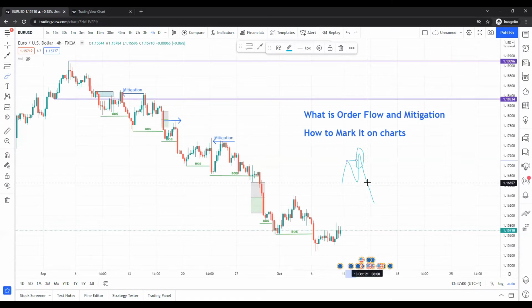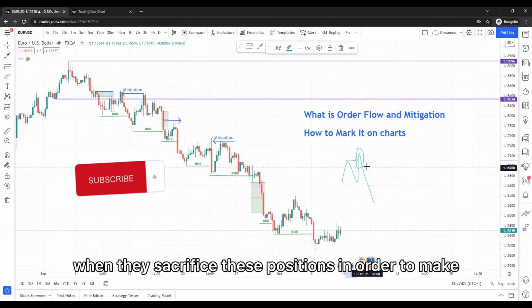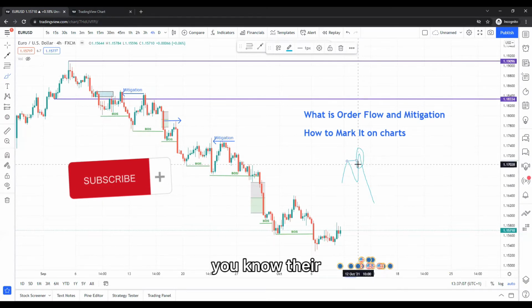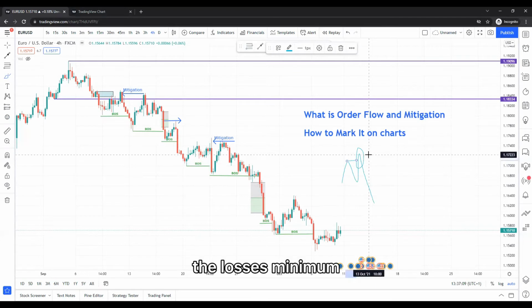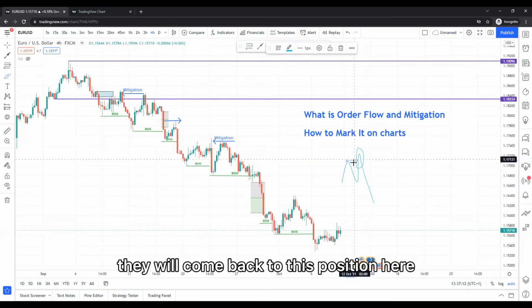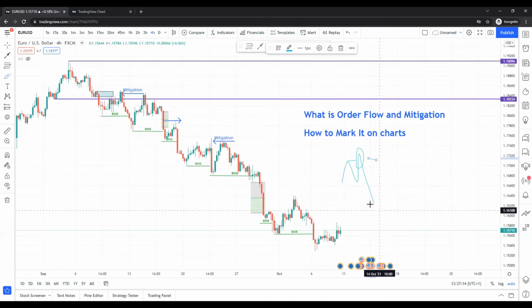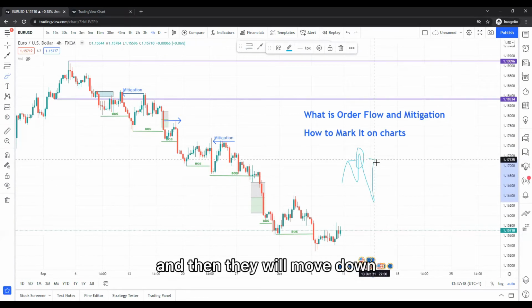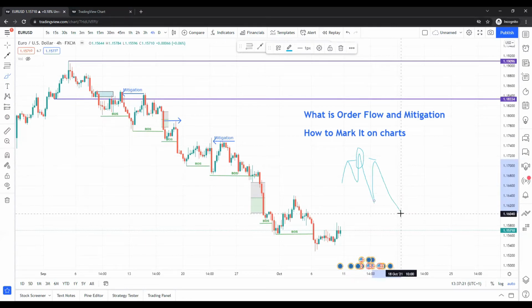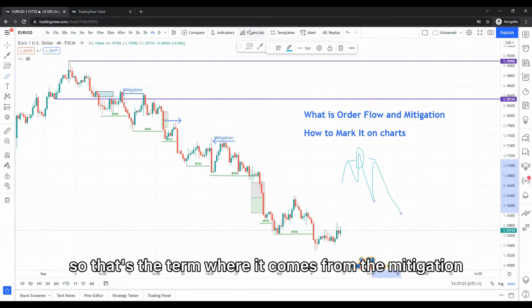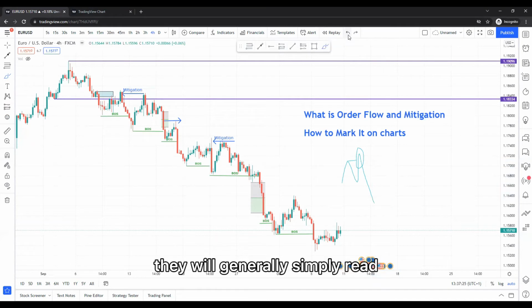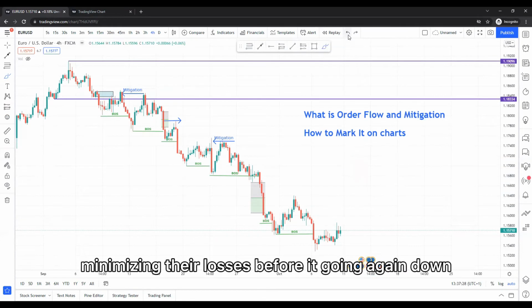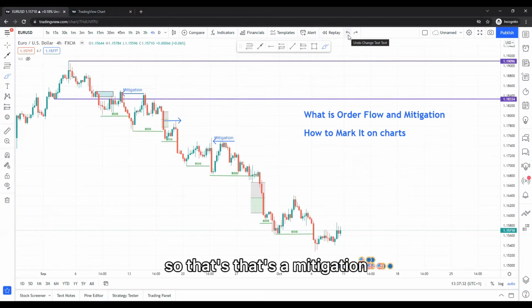When they sacrifice these positions, in order to keep their losses to a minimum, they will come back to this position to mitigate their orders and minimize the losses, and then they will move down. That's where the term mitigation comes from: they are simply minimizing their losses before going down again. So that's mitigation.